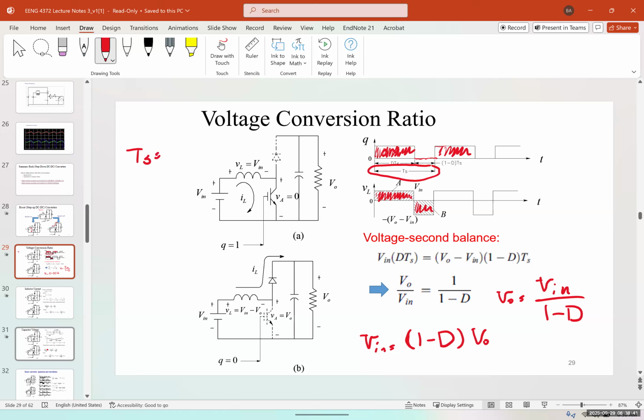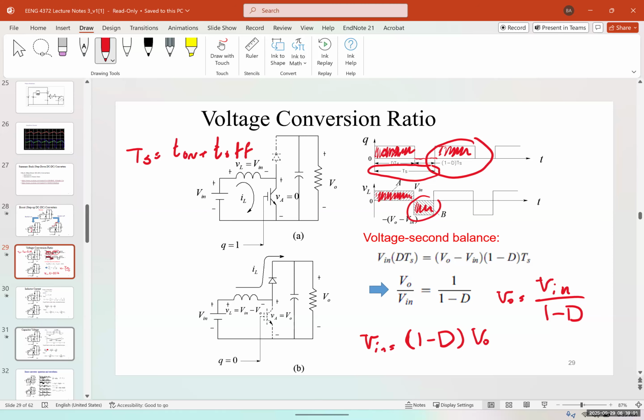Ts is our period, which is equal to T on plus T off. And here you can see that (1 minus D) Ts gives us the portion where we have the voltage converted.